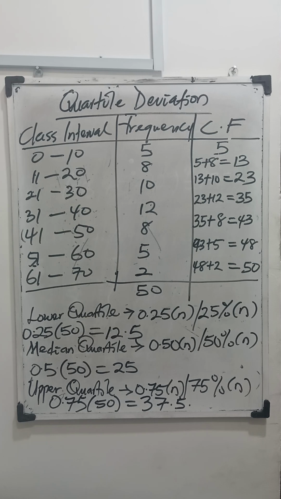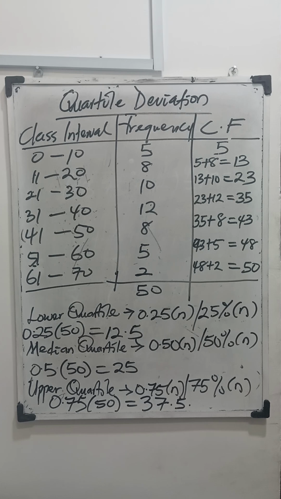So take note, we have gotten the lower quartile, the median quartile, and the upper quartile. We have gotten 12.5 for the lower quartile, the median quartile to be 25, and then the upper quartile to be 37.5.